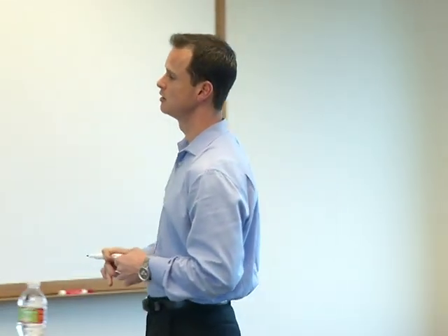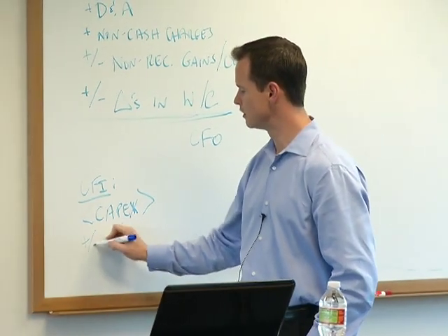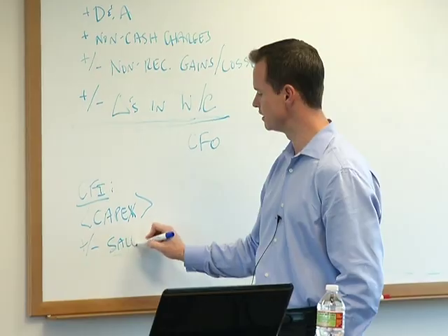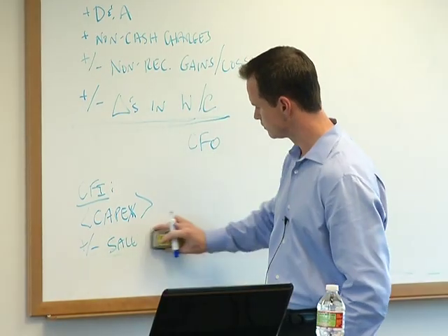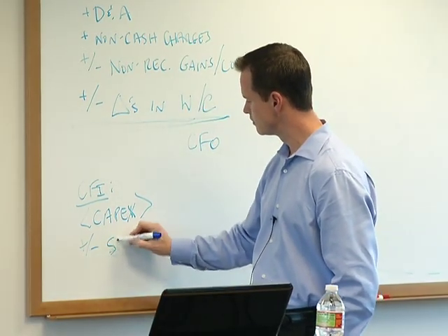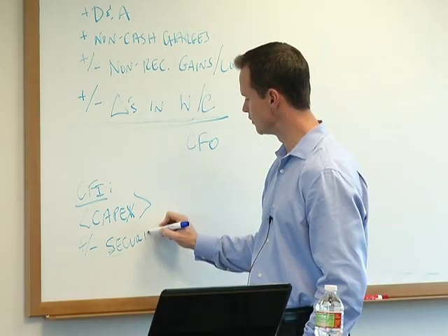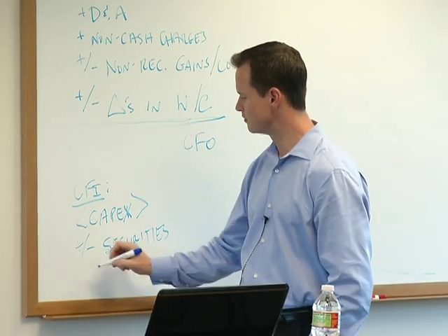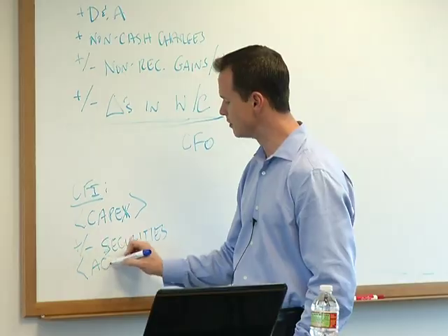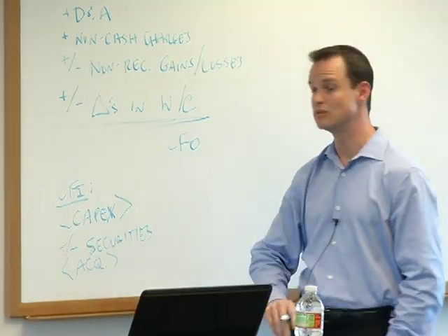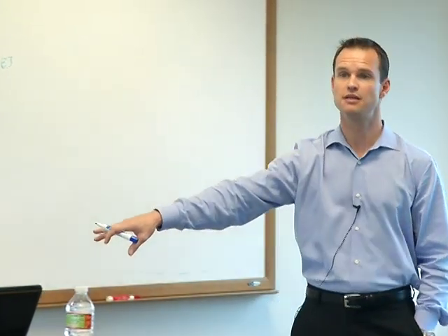Companies buying stuff are typically writing a check for it, or maybe they're financing it another way, but that increase to plant, property, and equipment is listed as a use of cash. Purchase or sale of securities might also fall under cash from investing. Companies acquiring other businesses, acquisitions, would be listed there as well.